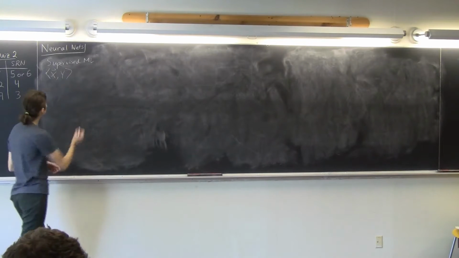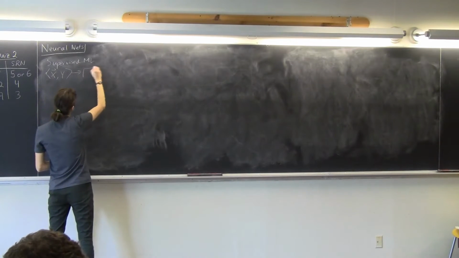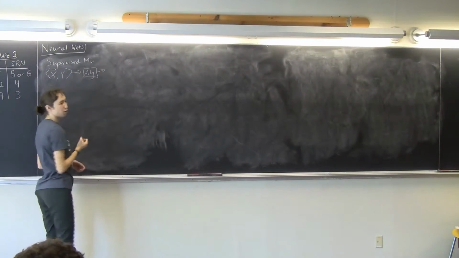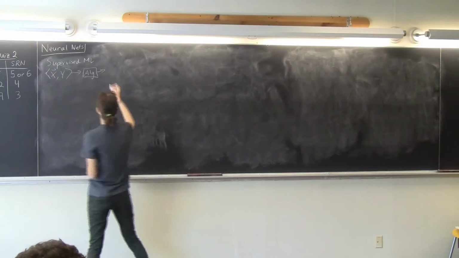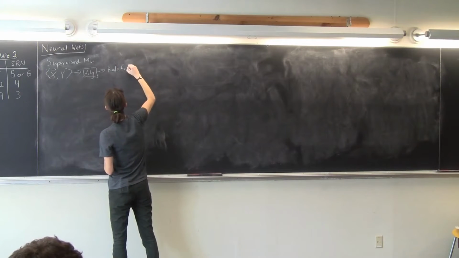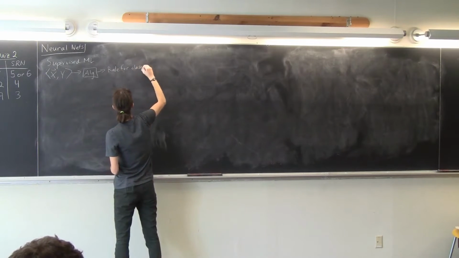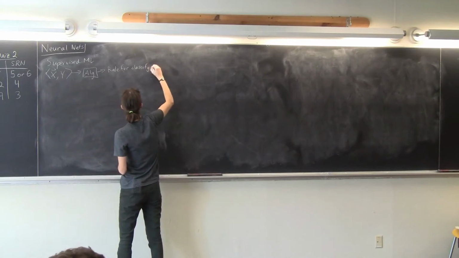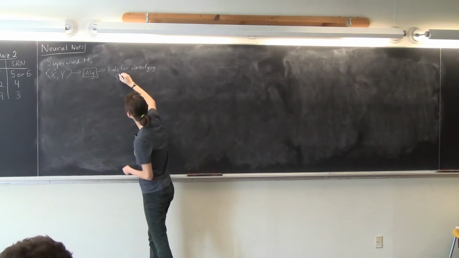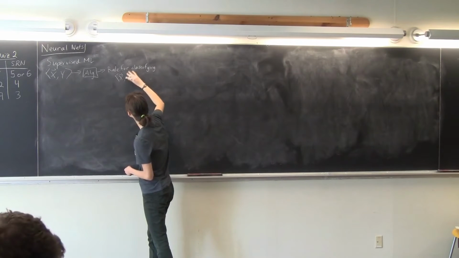We put all of this training data into some sort of algorithm, and we got out a rule for classifying new unknown points, points that had known features x but unknown classification.